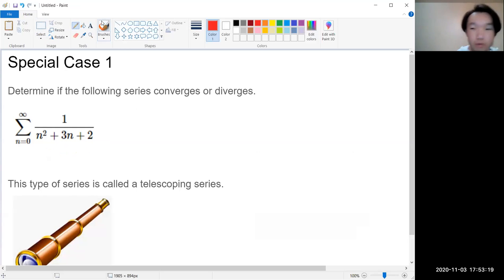Okay, so looking at this function here, 1 over n squared plus 3n plus 2. Why don't we just write down the first couple of terms to see what this series looks like.